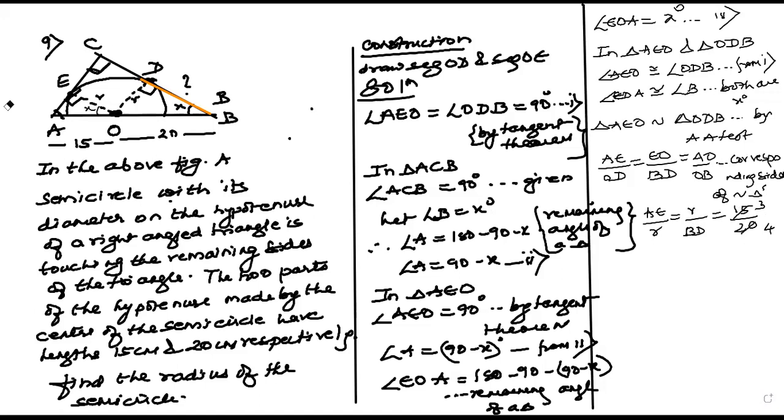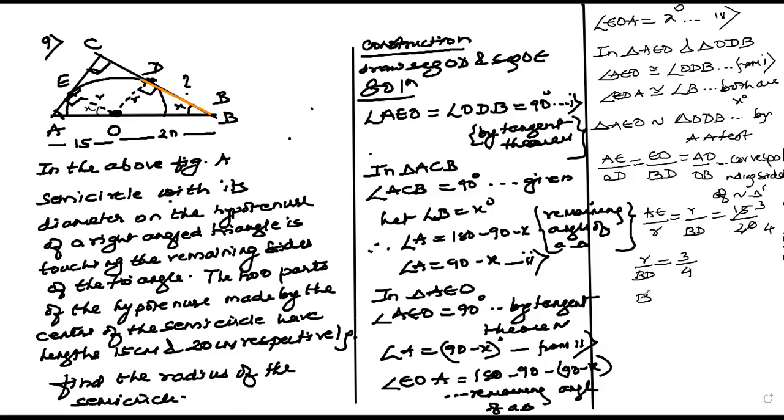So you can see here, children, therefore R upon BD equals 3 upon 4, cross multiply. 4R equals 3BD.